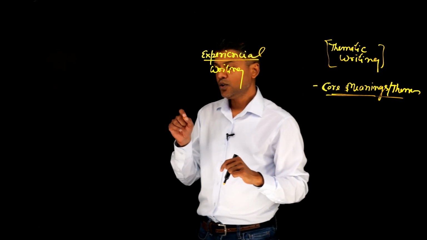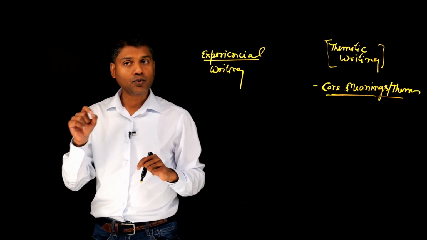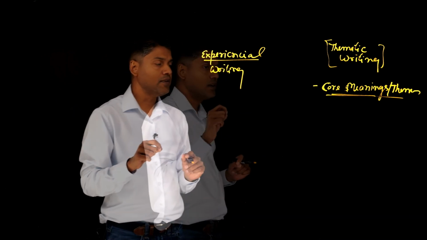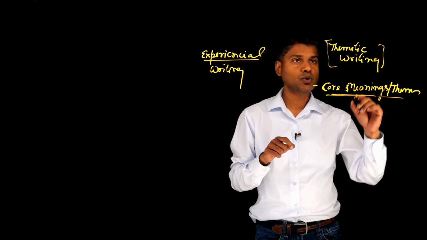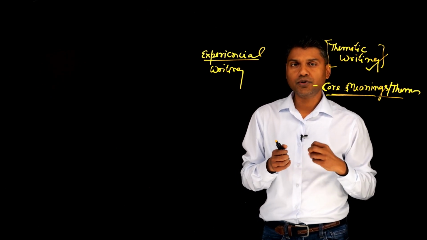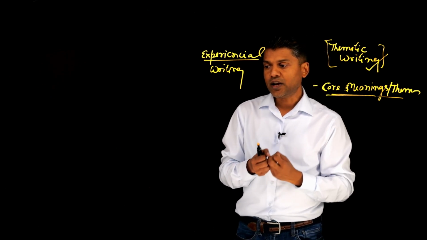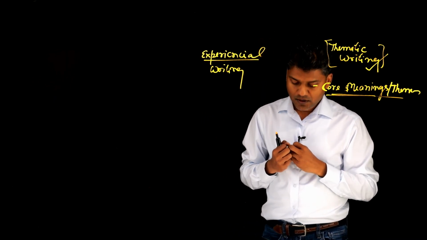So let's say you have identified 5 themes or 4 themes. Once you have identified the themes, the next step is doing thematic writing. In thematic writing, what you do is basically describe those themes which are emerging from the data.